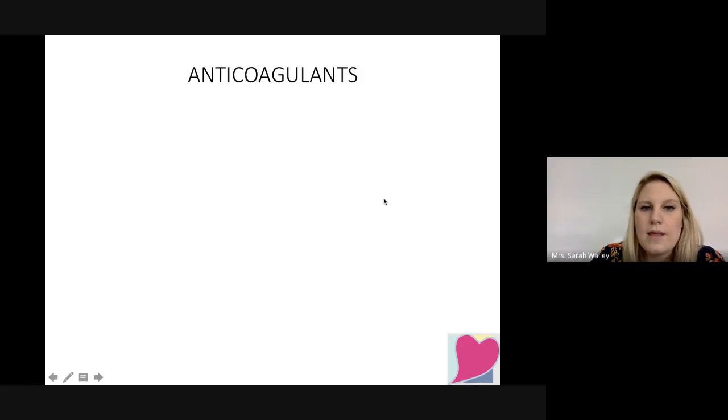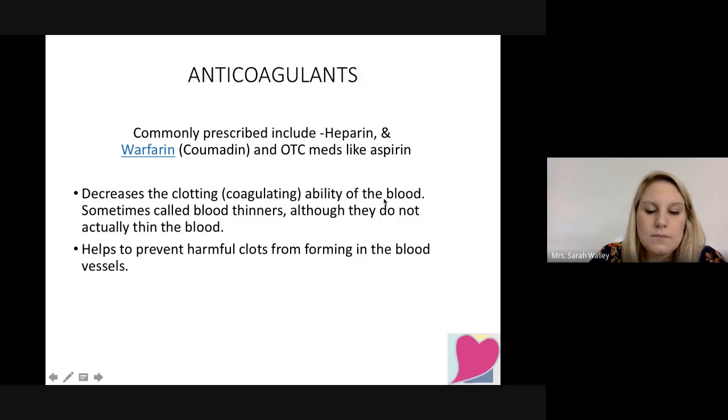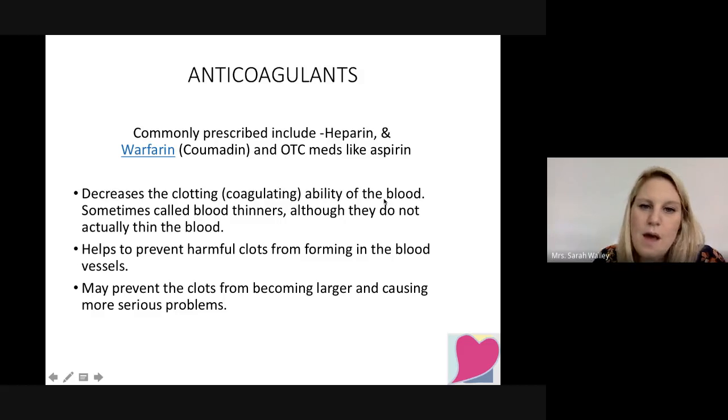Okay, and then anticoagulants. So this is going to be a blood thinner, commonly prescribed, including heparin and warfarin or Coumadin, and then OTC meds like aspirin. You've probably heard of some people taking a daily aspirin, a baby aspirin. So this is a way it thins the blood to help the blood get through the artery easier.